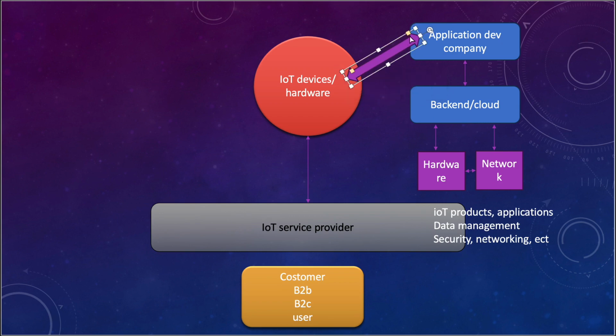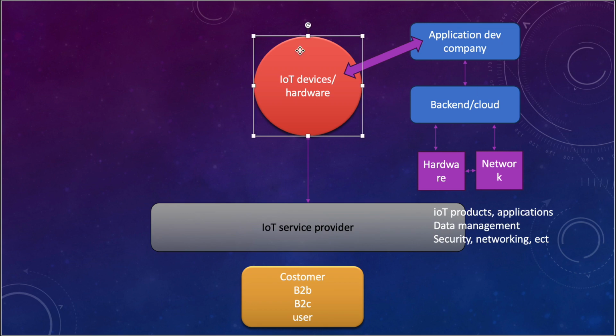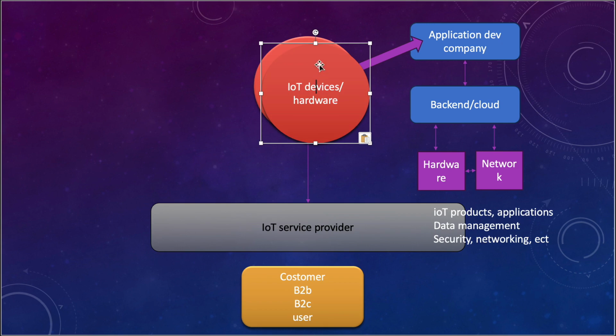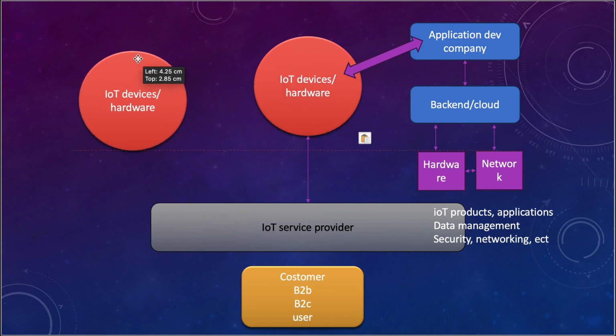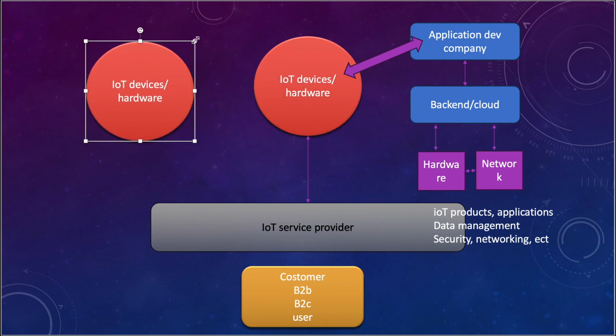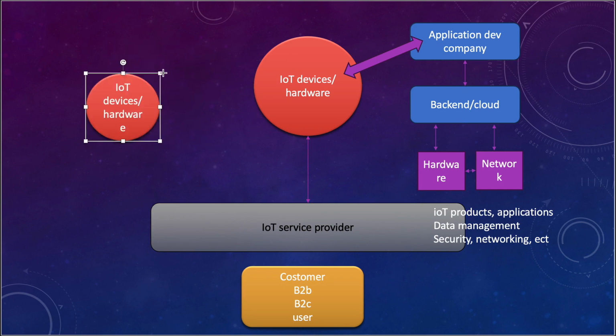Okay, that's that side of it. But of course there will be networking also involved. So there should be another part, which is the ISP, networking, depending on what you are going to use.